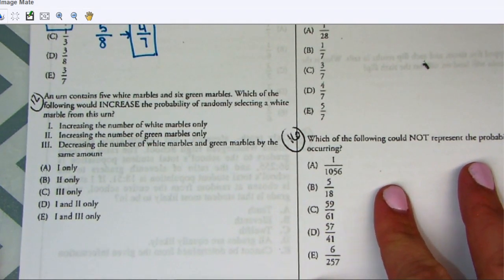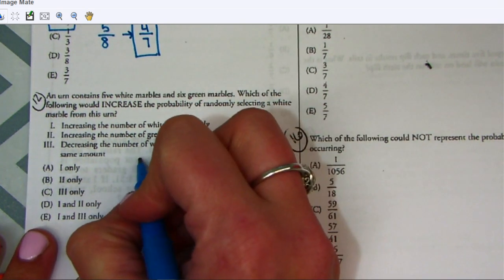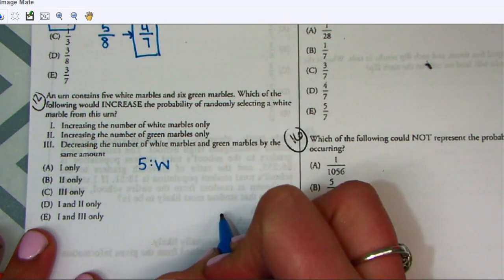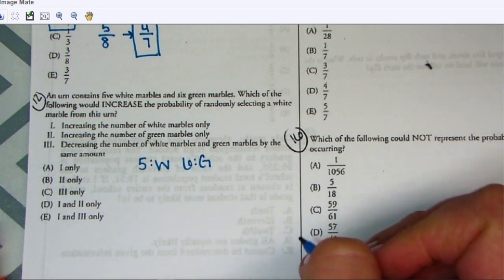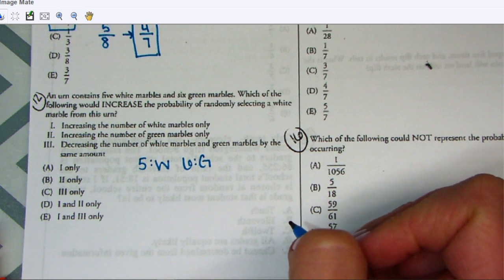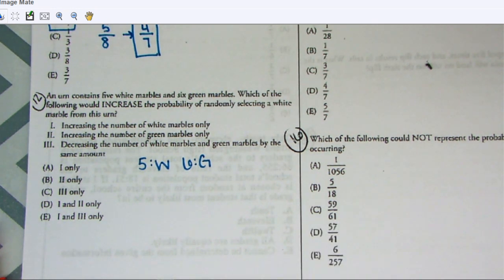Number 12, an urn contains 5 white marbles. Let's write that down. So 5 white marbles, and it contains 6 green marbles. Which of the following would increase the probability of randomly selecting a white marble?